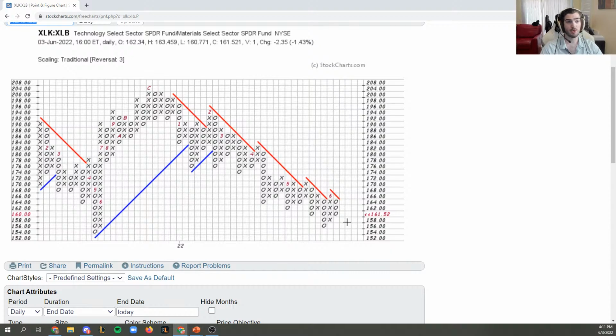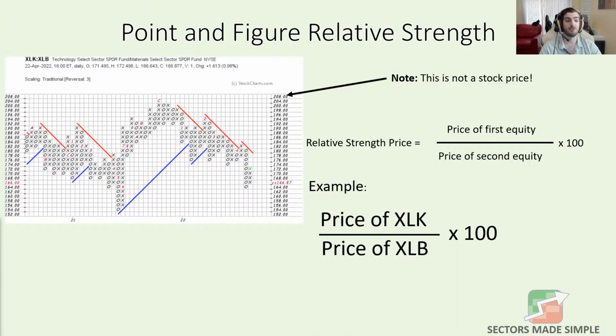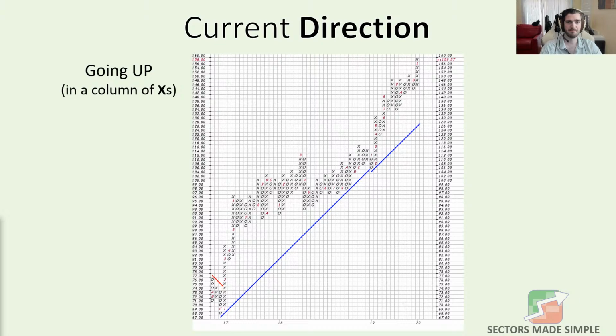There's a lot more to point and figure than just price over time. Point and figure shows trends. Positive short-term trends, negative short-term trends, and long-term trends as well. Or to give two different words, short-term direction, long-term trend. Let me show you how we would do that. Direction is very straightforward.